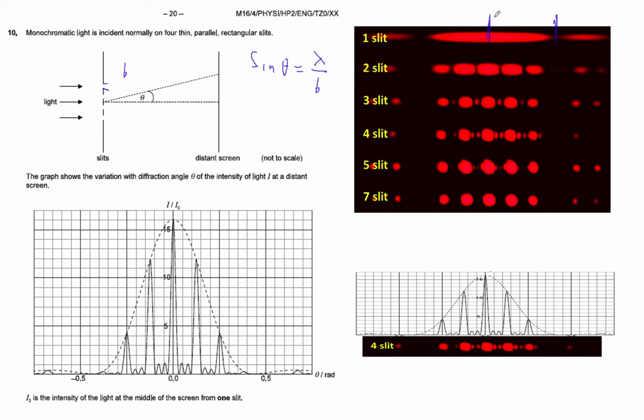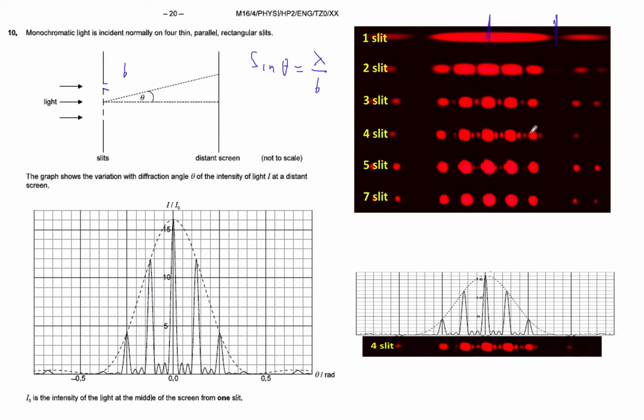So this angle right here is the overlying pattern. You see that dotted line? That pattern is caused by the single slit diffraction pattern of one of these slits, and this angle overlies all of these other ones. Here's a double slit, here's a triple slit, here's four slits.